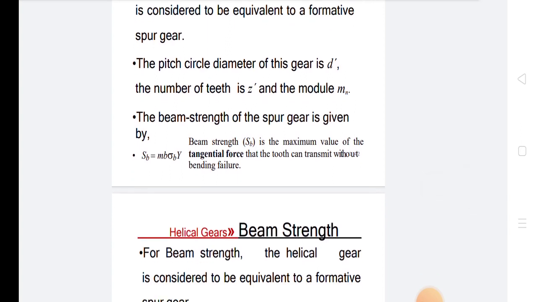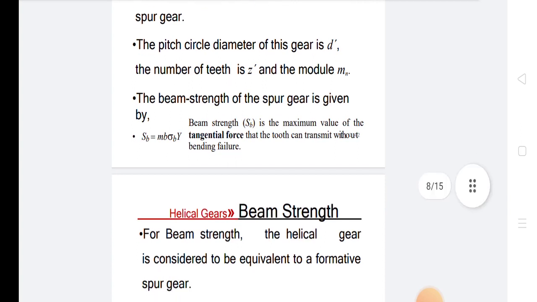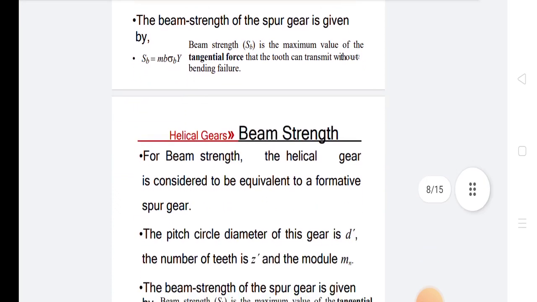The beam strength of the spur gear is given by SB is equal to m b sigma b Y. So, beam strength SB is the maximum value of the tangential force that the tooth can transmit without bending failure.